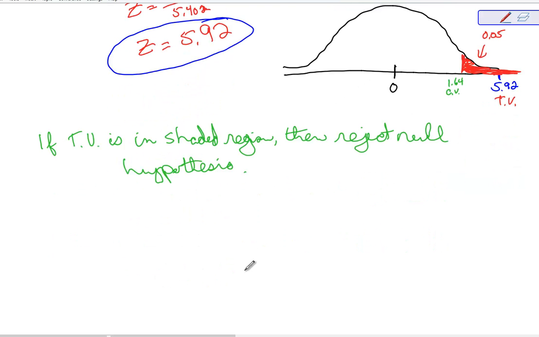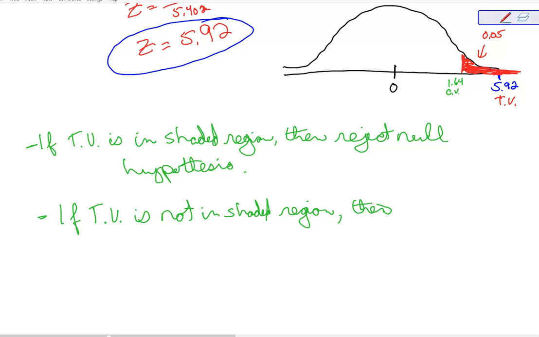I'm just going to write these rules again. If the test value is not in the shaded region, then do not reject the null hypothesis.